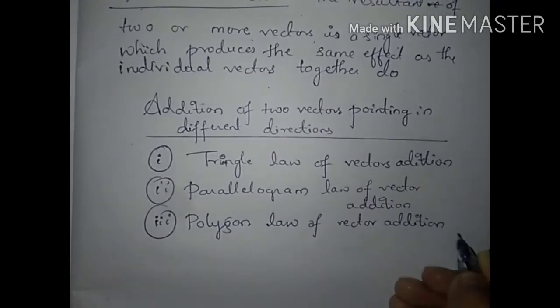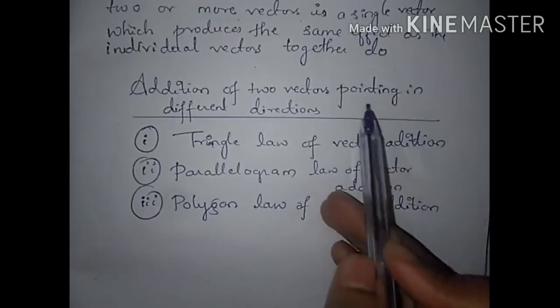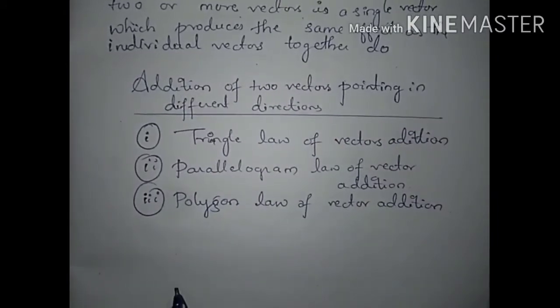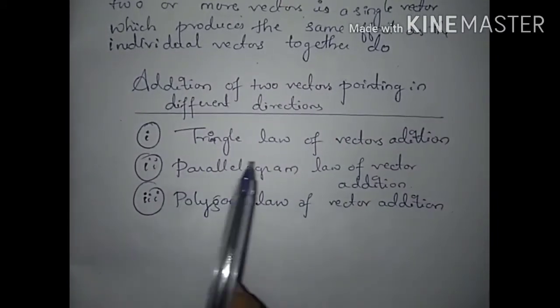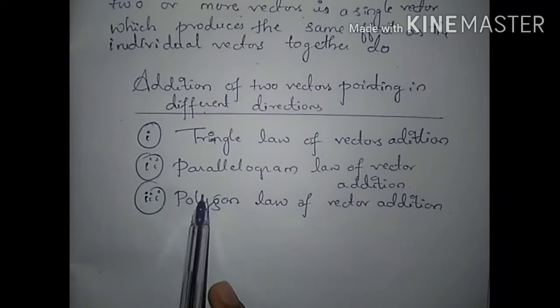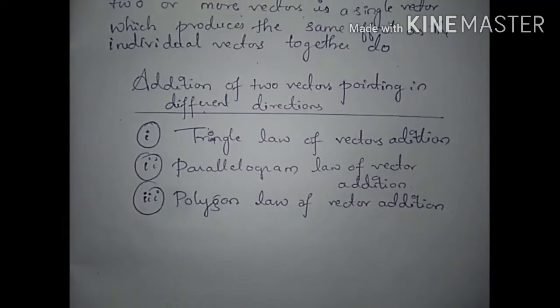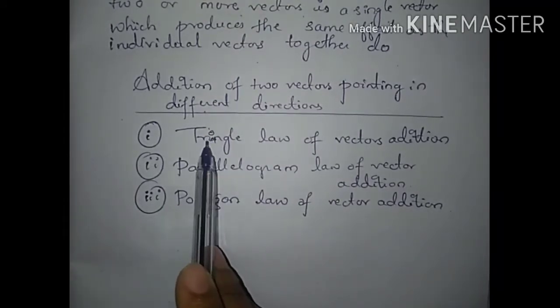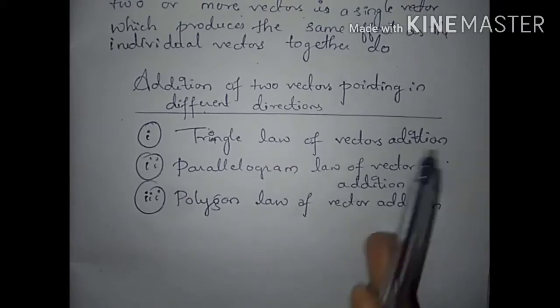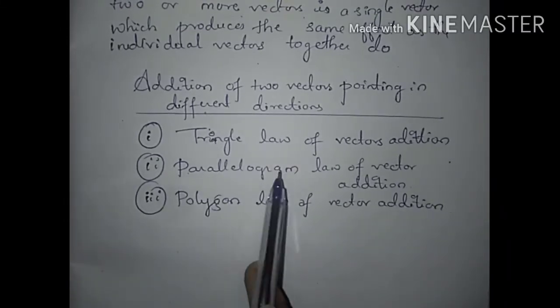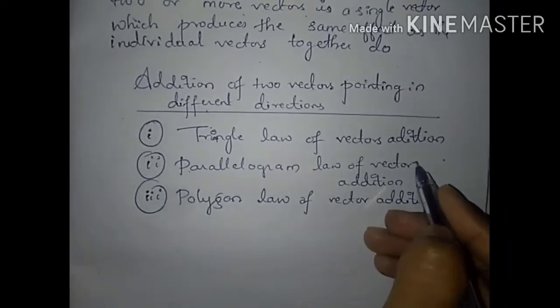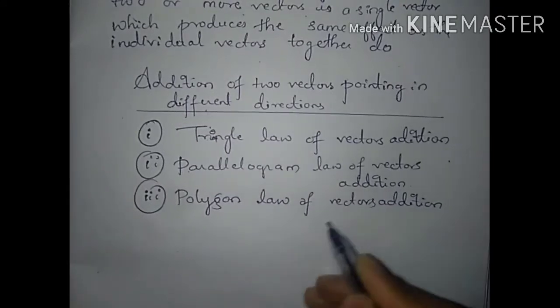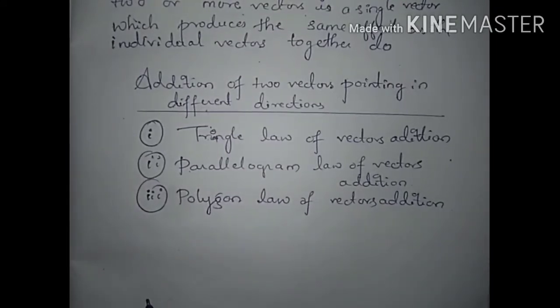So if you are given two vectors which are pointing in different directions, then you can add these vectors by using any of these three laws. The first is the triangle law of vector addition, the second is the parallelogram law of vector addition, and the third is the polygon law of vector addition.